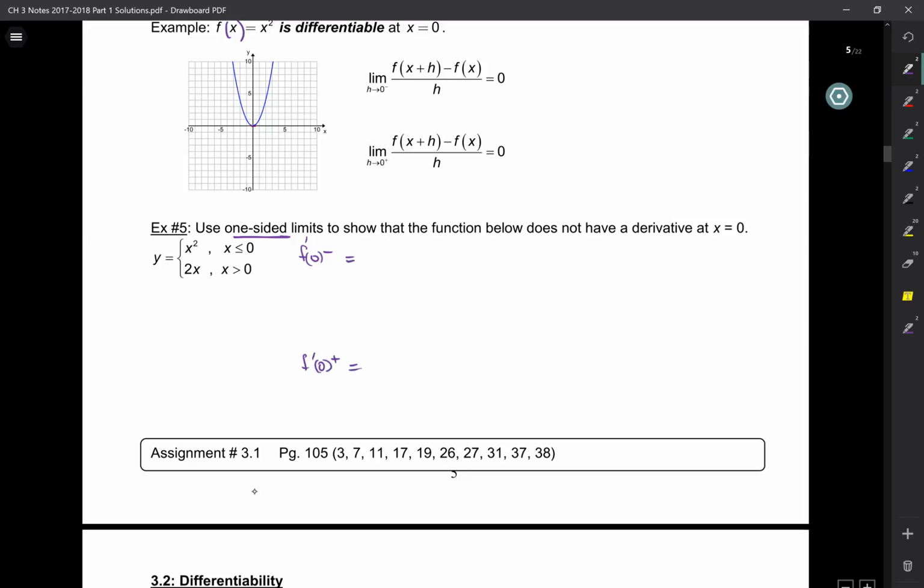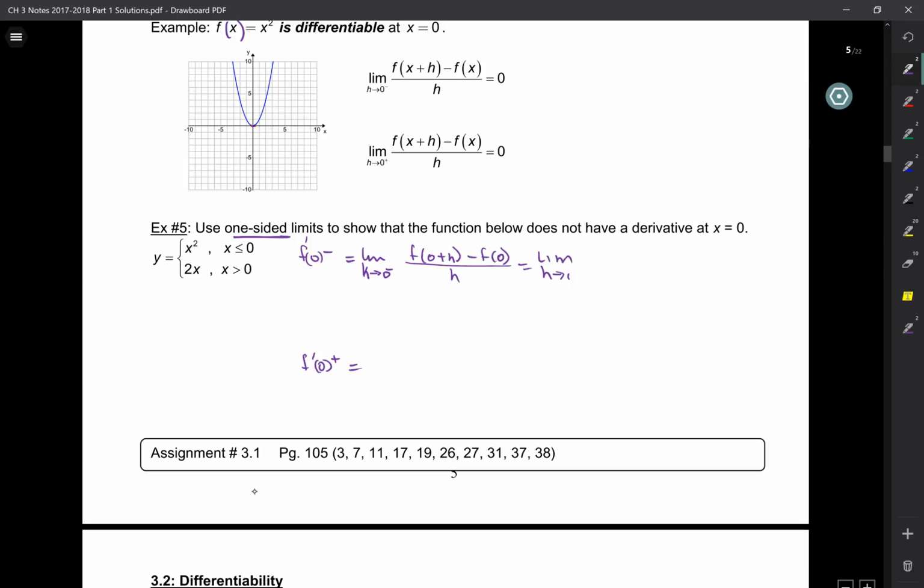If those two are the same, then it has a derivative. If those two are not the same, then it does not have a derivative. Okay? So from the minus side, this is the limit as h approaches 0 minus of f of 0 plus h minus f of 0 over h.